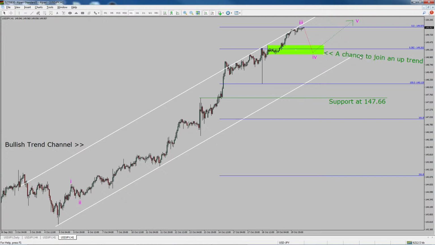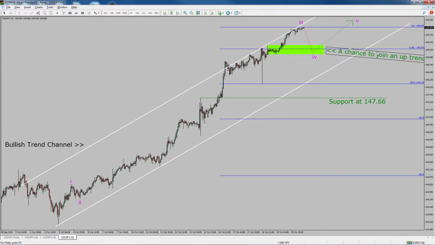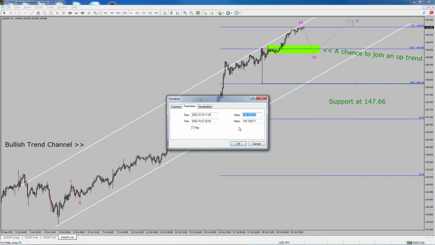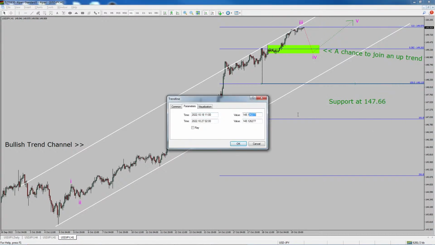Now as far as the support is concerned, the support area would be the 100% mark right here.